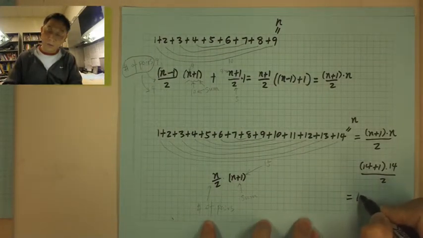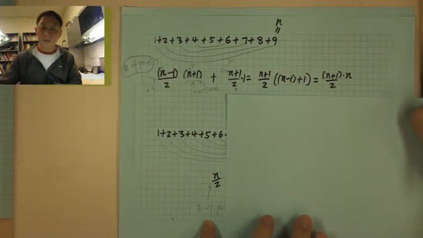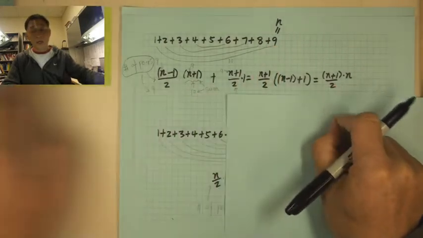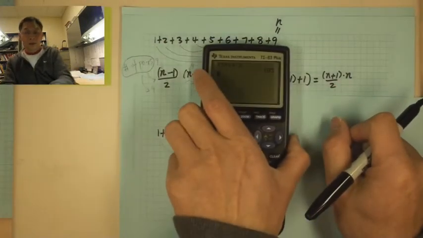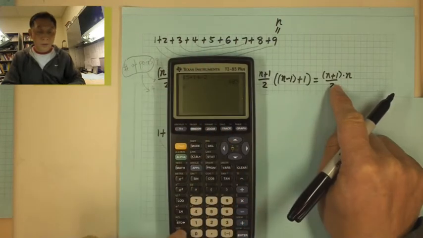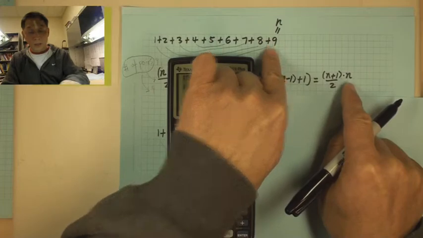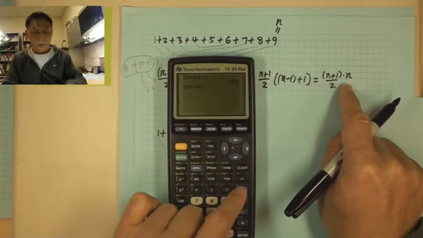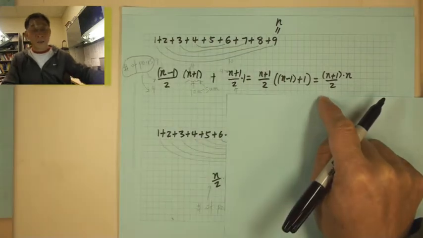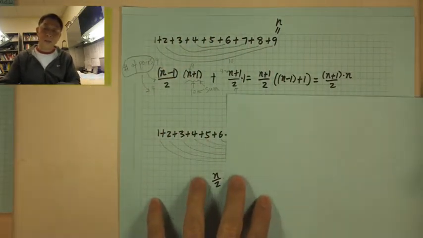So 105. Here is the same thing. If it's 9, put 9 there. So 9 plus 1 is 10, times 9 divided by 2. In this case, all added together is 45. Apparently that's correct.